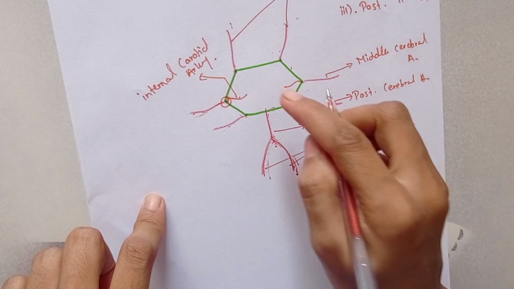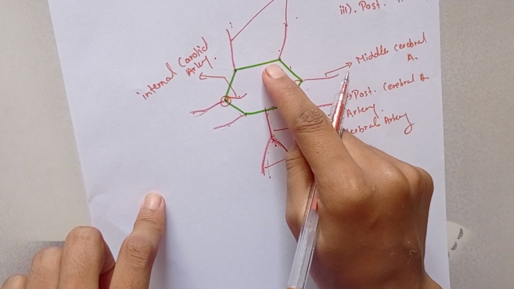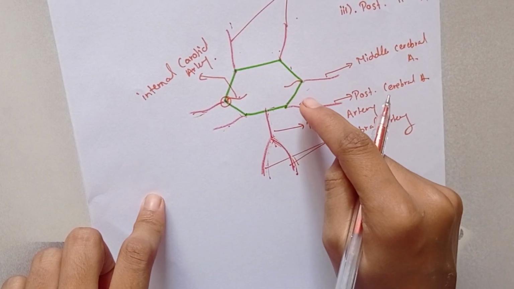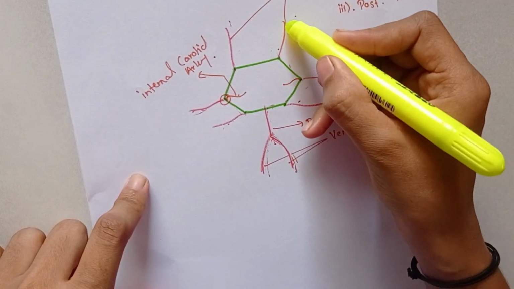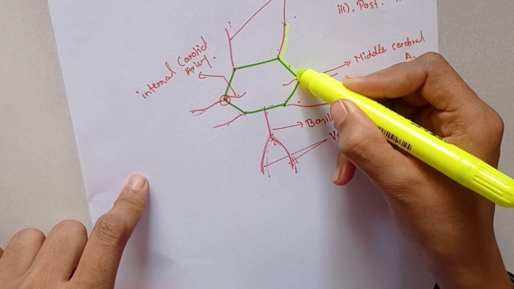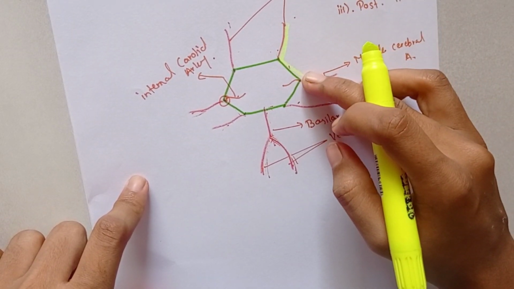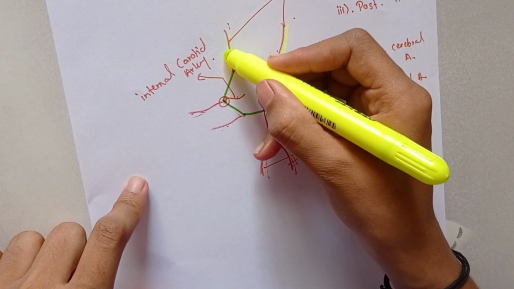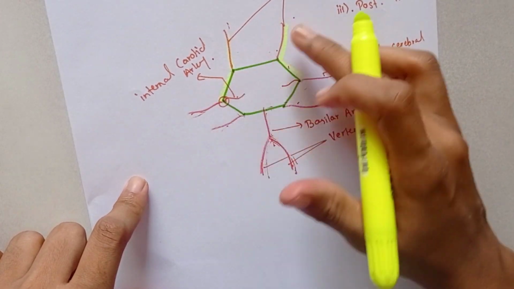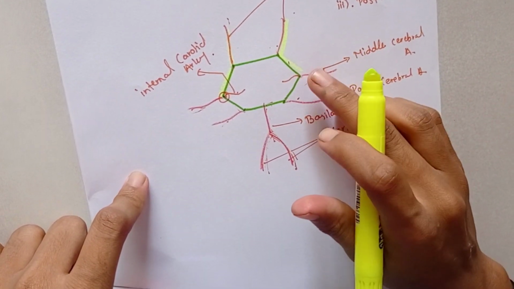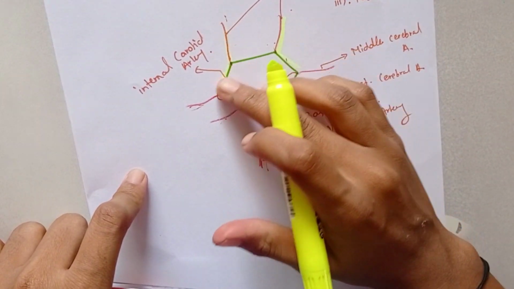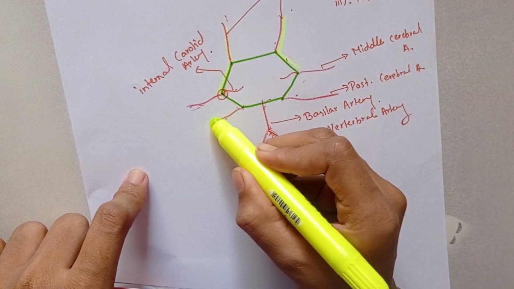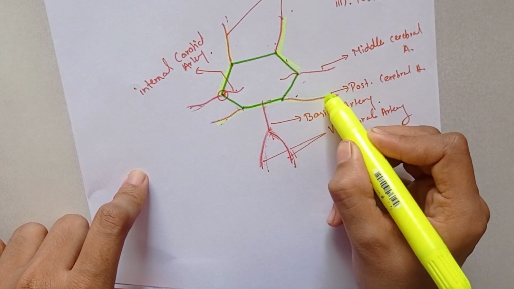We have to see which one will be the anterior communicating artery and which one will be the posterior communicating artery. We can see that this and this branch will be the anterior cerebral artery. I have marked with the yellow highlighter, these two will be the anterior cerebral artery, and this will be the posterior cerebral artery.